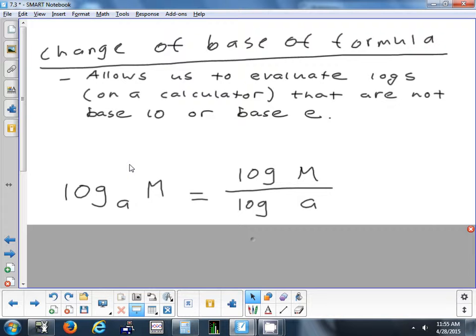So if you want to type something in, log base A of m, A and m can be any positive numbers you want. The way you type it in is you type in the common log, or base 10 log, of the argument, divided by the common log of the base. And you have the common log button on your calculator.